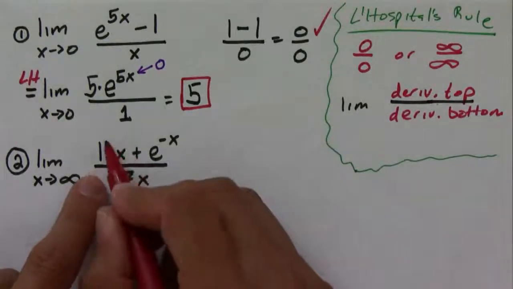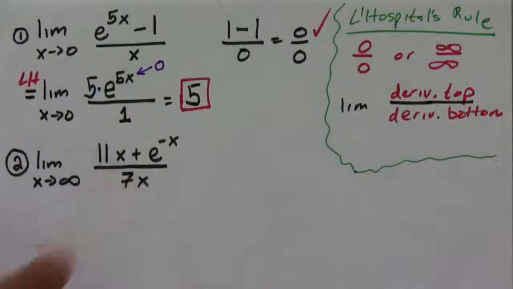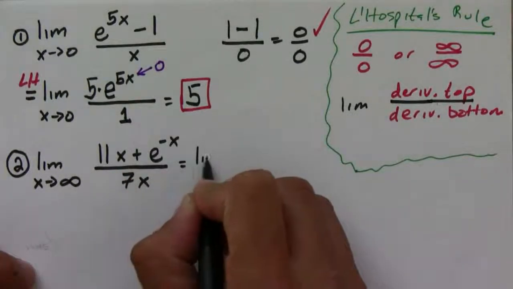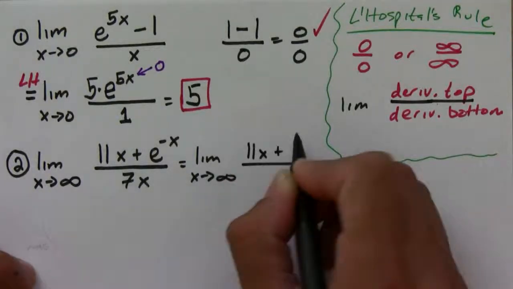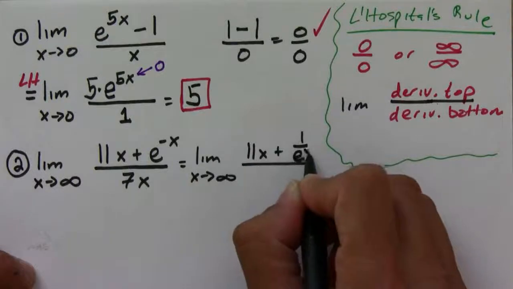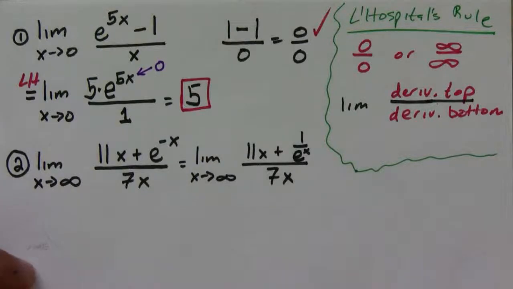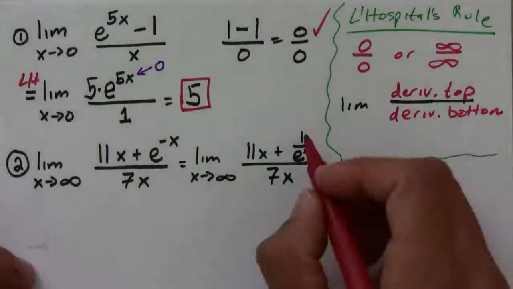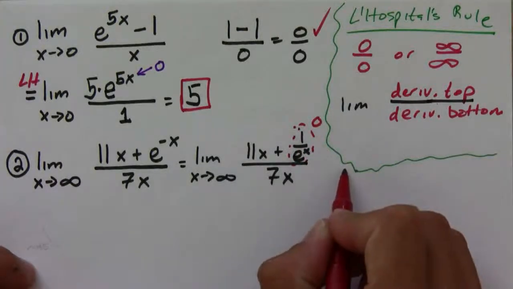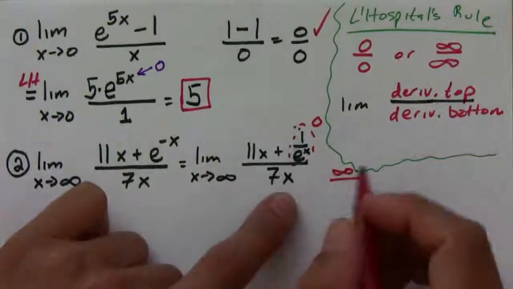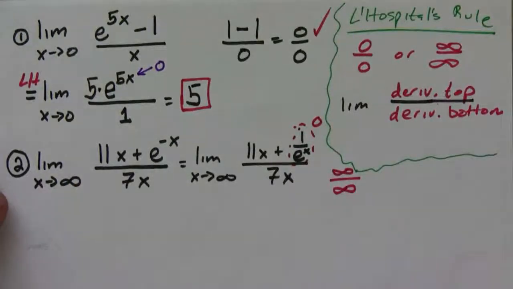Well, this guy is going to infinity, and then e to the negative x, remember this is equal to, let me just rewrite this, the limit as x goes to infinity of 11x plus 1 over e to the positive x, all over 7x. And okay, so this guy is going to 0, and the numerator is going to infinity, and the denominator is going to infinity. So I satisfy the L'Hopital's rule condition.